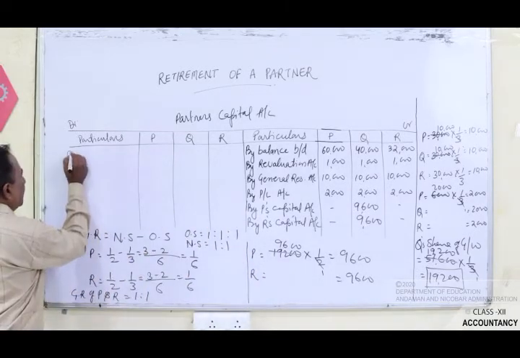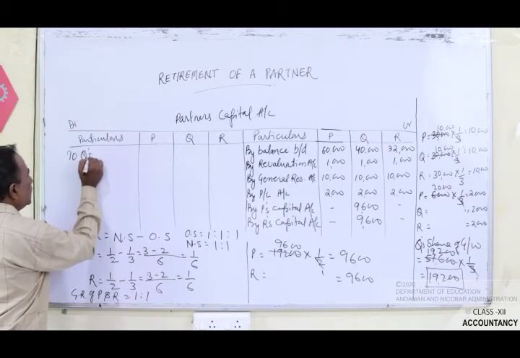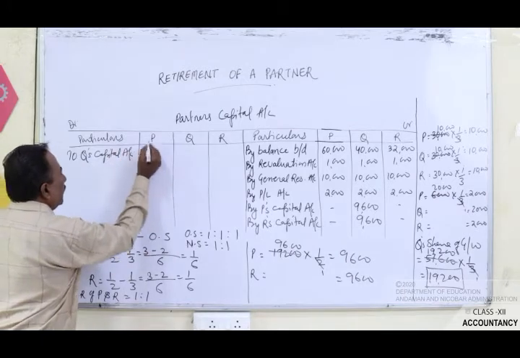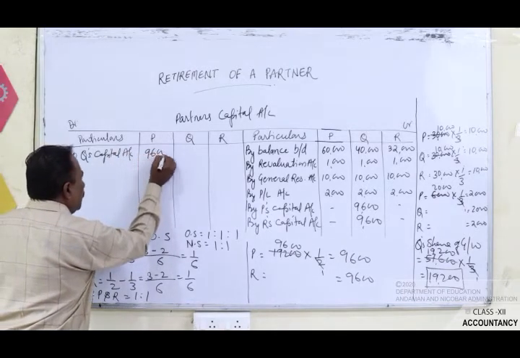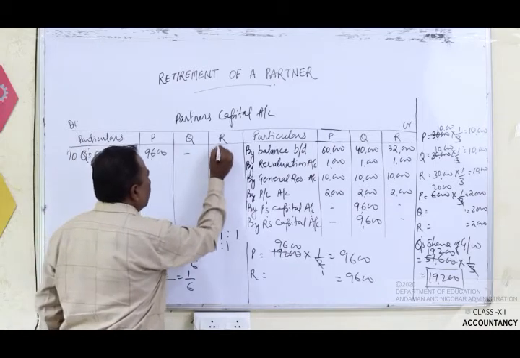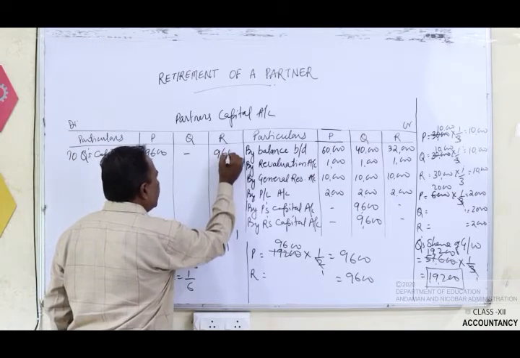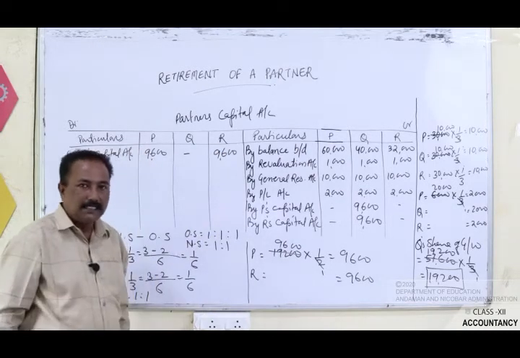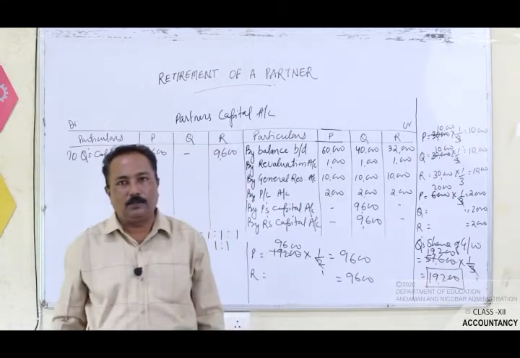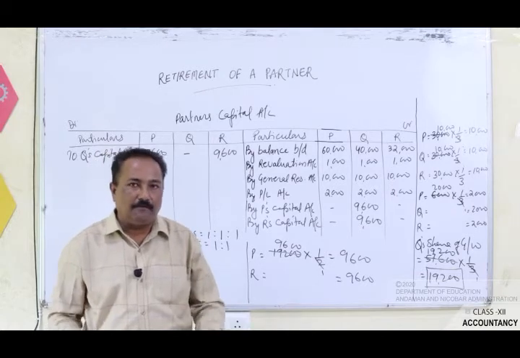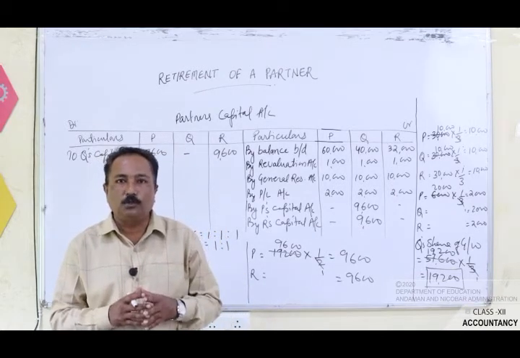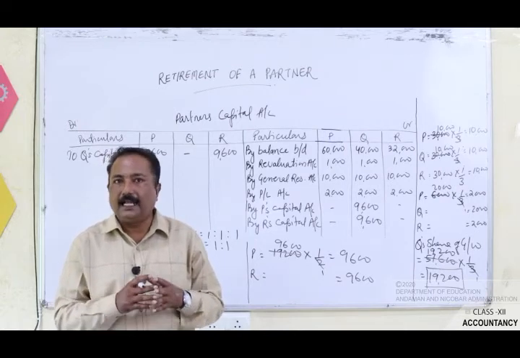What do you have to write? To Q's capital account. From P's capital account, rupees 9,600 was taken, and from R's capital account 9,600 rupees was taken and transferred to Q's capital account.